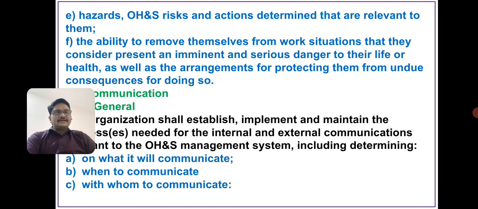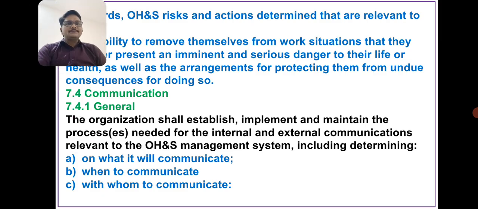Now next is hazard, OHS risk and action determined that are relevant to them, and the ability to remove themselves from work situation that they consider present an imminent and serious danger to their life or health, as well as arrangement for protecting them from undue consequences for doing so.